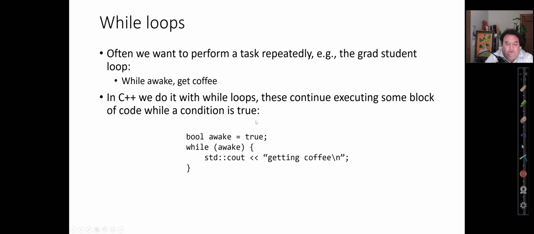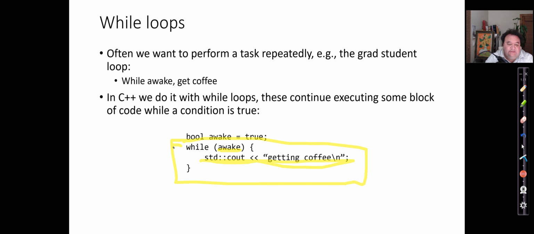If we want to start looping over certain conditions, so keep repeating a certain statement over and over until a certain condition is true, here, for example, we have what's called the while statement. We evaluate if a certain condition, here awake equal true, and while I'm awake, I print getting coffee.